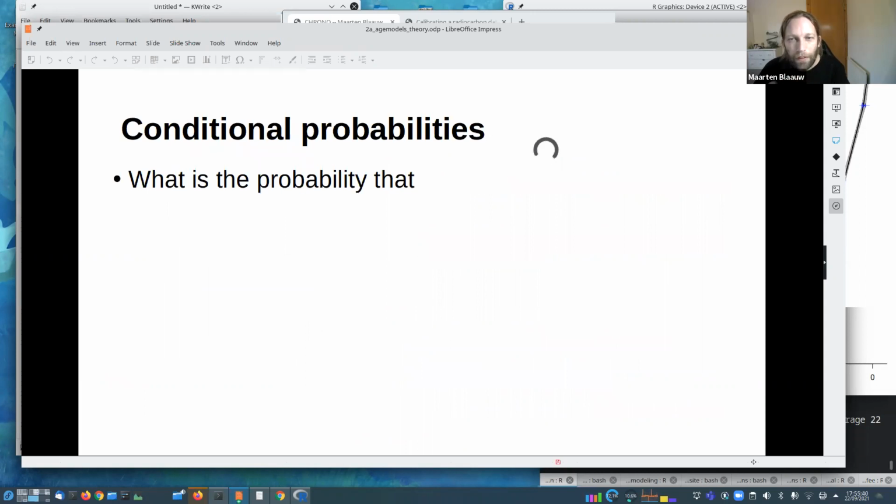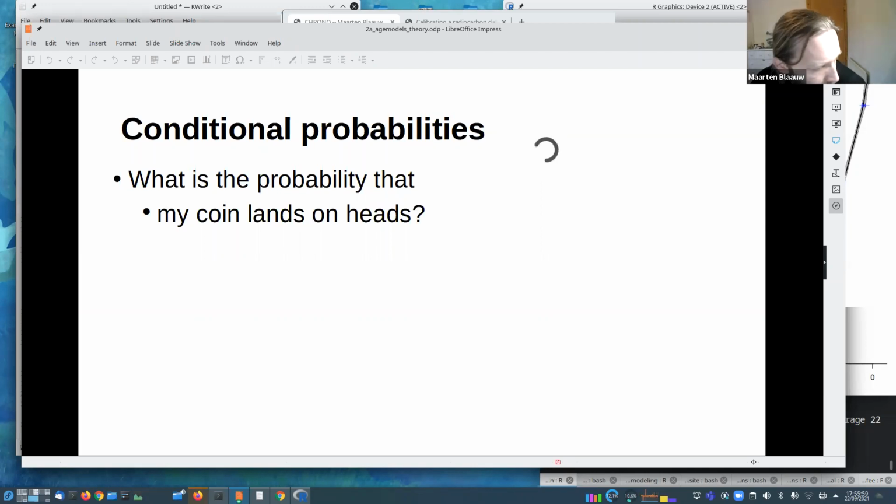Okay, so let's look a little bit at conditional probabilities, or probabilities anyway, and how they depend on the context. What is the probability that, I don't have a coin here, but imagine I had a coin, that it lands on heads?